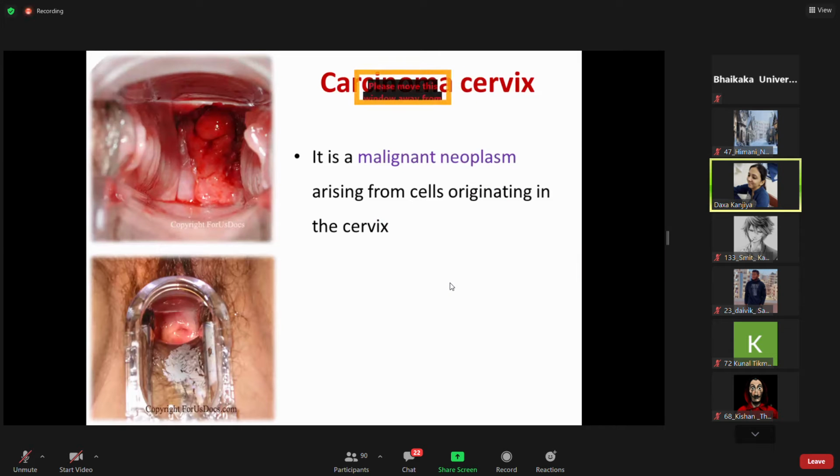Carcinoma of the cervix is a malignant neoplasia derived from the cells of the cervix, and the most common cause is the human papilloma virus, HPV.